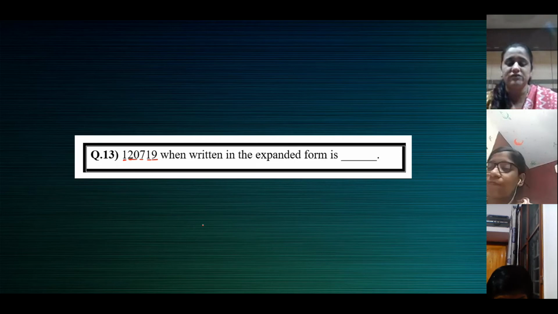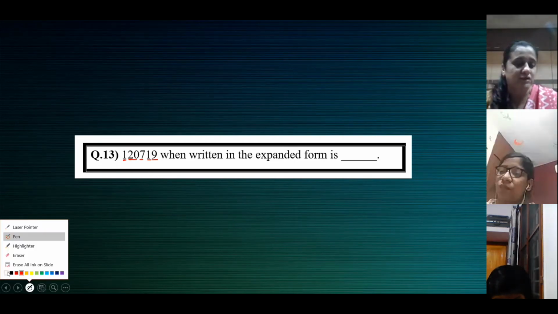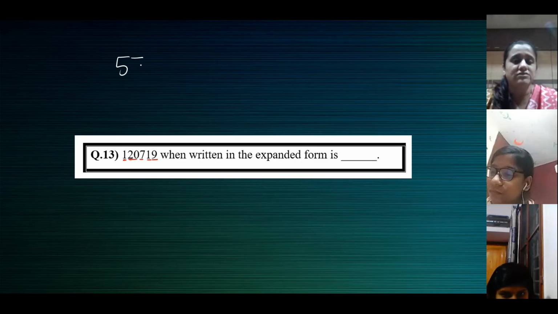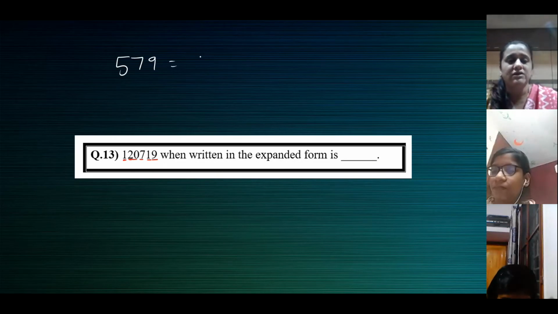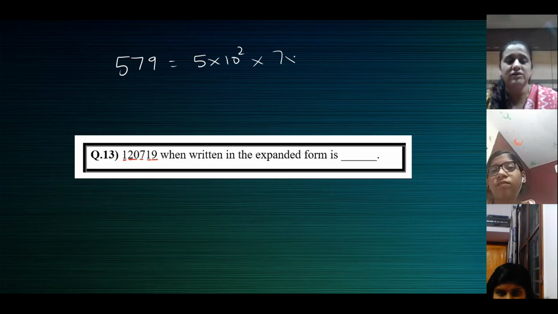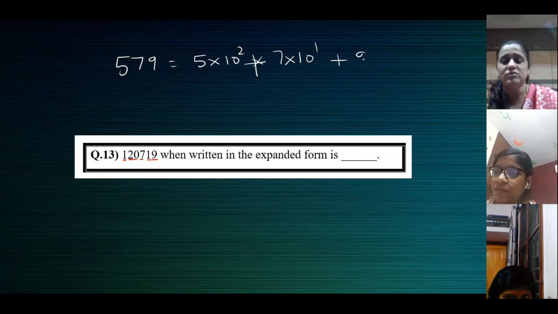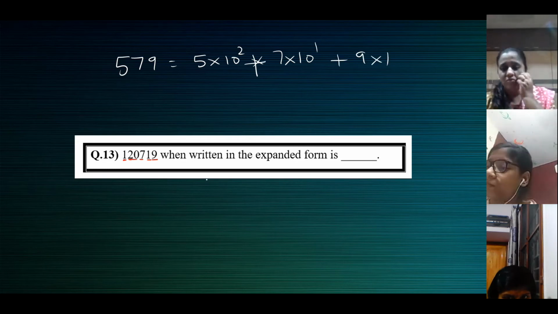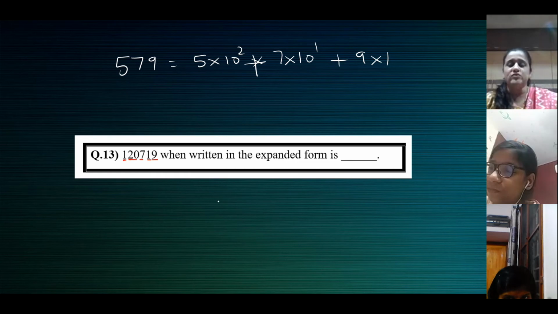Let me make it more clear. For example, 579. We're going to write 5 into 10 square plus 7 into 10 to the power 1, plus 9 into 1. Since we're not going to use words at all, it doesn't matter.